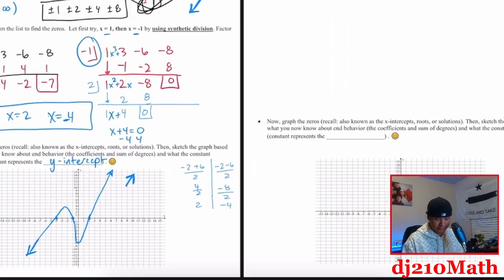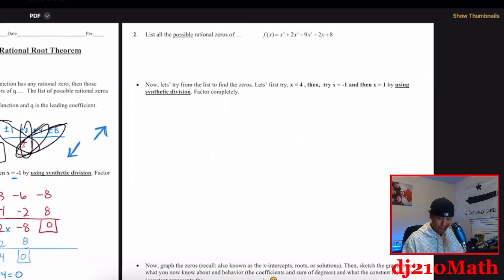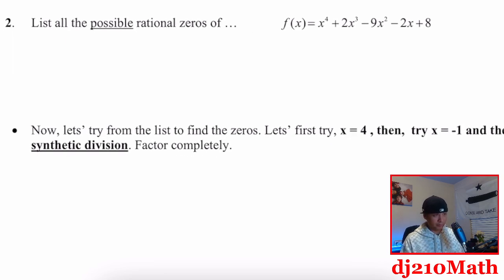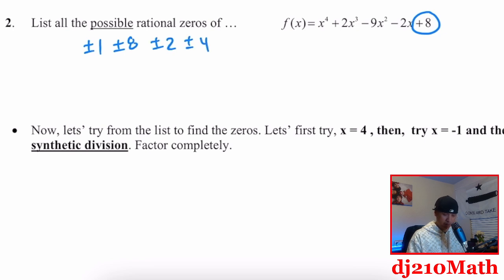Let's try another example. We'll list all the possible rational zeros. So again, you take factors of the last number. So plus or minus 1 times 8, and you can do plus or minus 2 times plus or minus 4. Now, you don't have to write them in order. It truly doesn't matter. These are actually the same numbers as before.